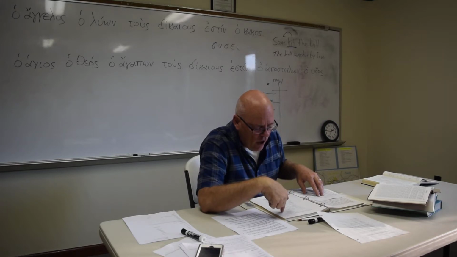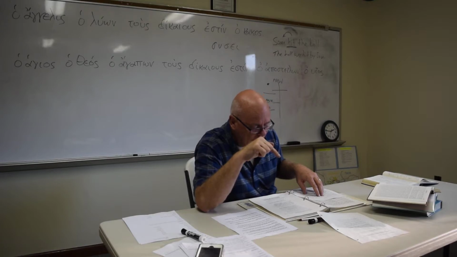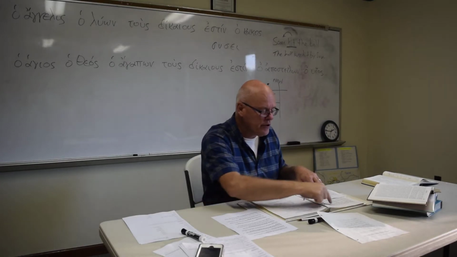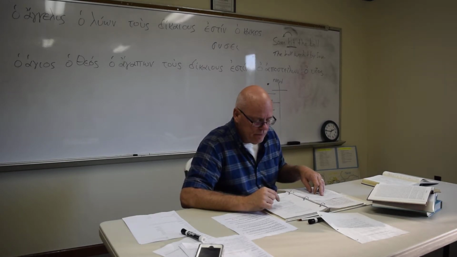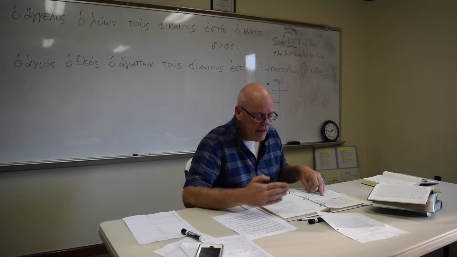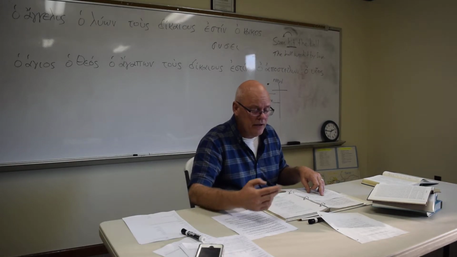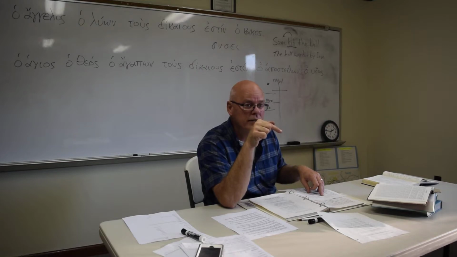After the thematic vowel, the syllable men is added in all middle participles. All middle participles will have that men. Here's your slam dunk. In the masculine and neuter, the corresponding second declension endings are used. So both masculine and neuter will use the second declension endings.